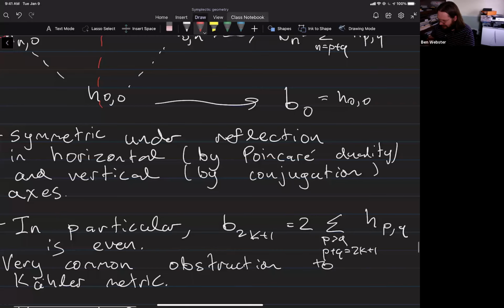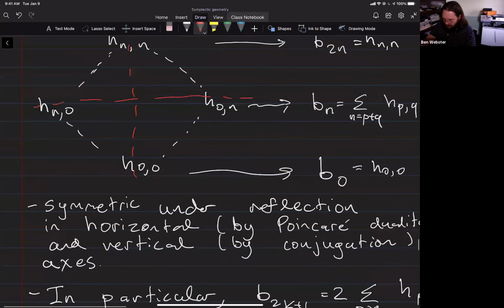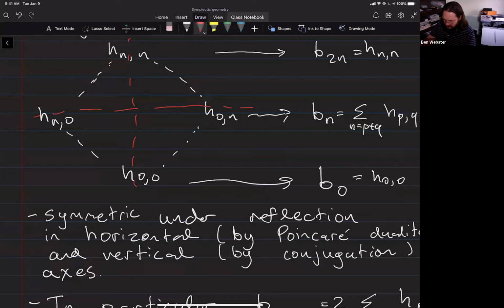And this has a very useful property: it means that for an odd Betti number, if I have an odd row here, for example H^(1,0), H^(0,1), the sum across the row breaks up into two equal pieces, the stuff on the left side and the stuff on the right side.